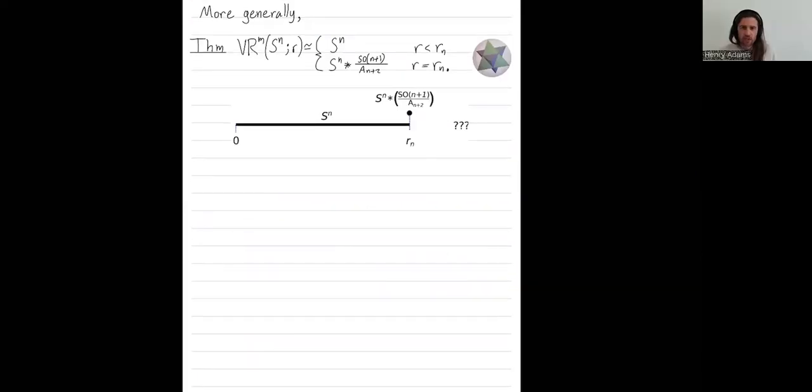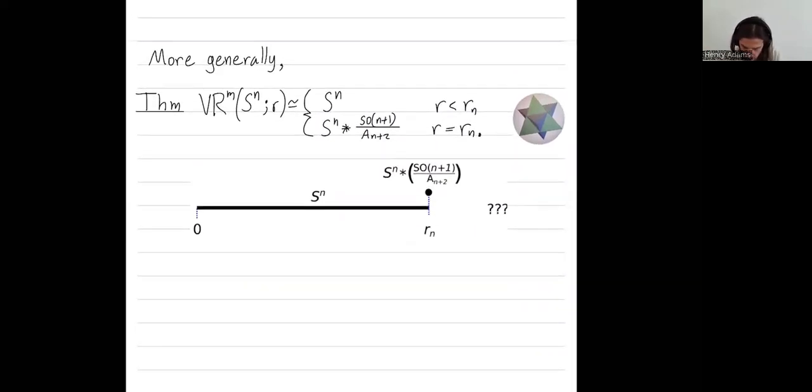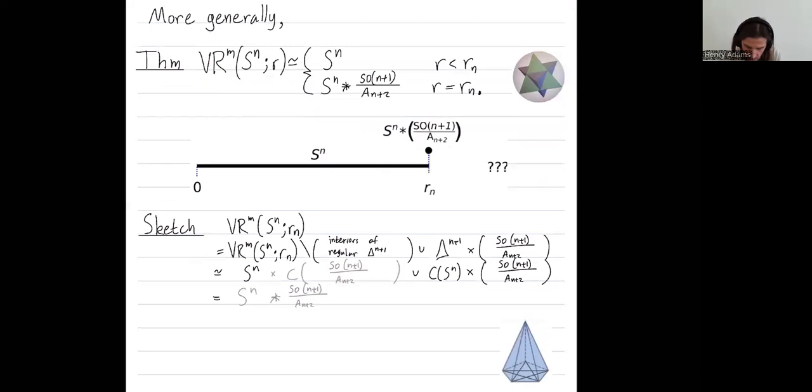One nice thing about this new metric is that we can say the first new thing about Vietoris-Rips thickenings of n-spheres. Okay, so I have an n-sphere and I build the Rips complexes of it, and I ask what are the new homotopy types that come up.